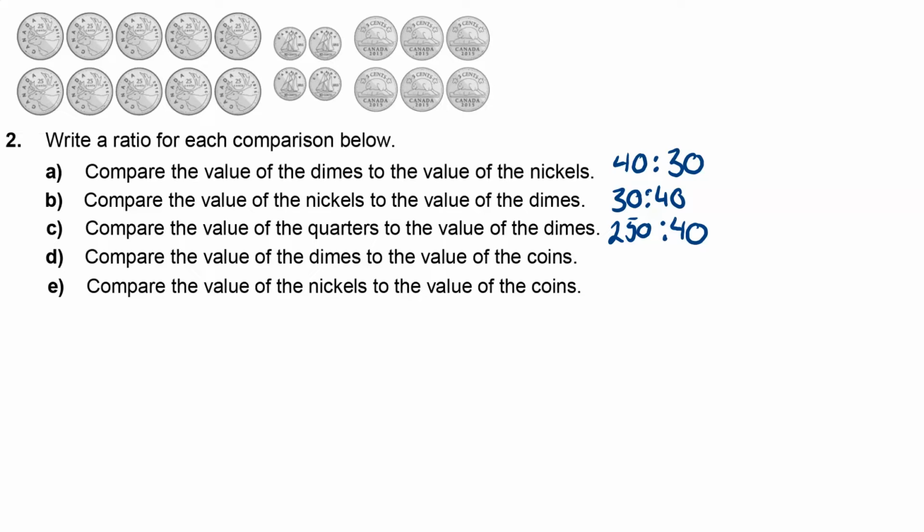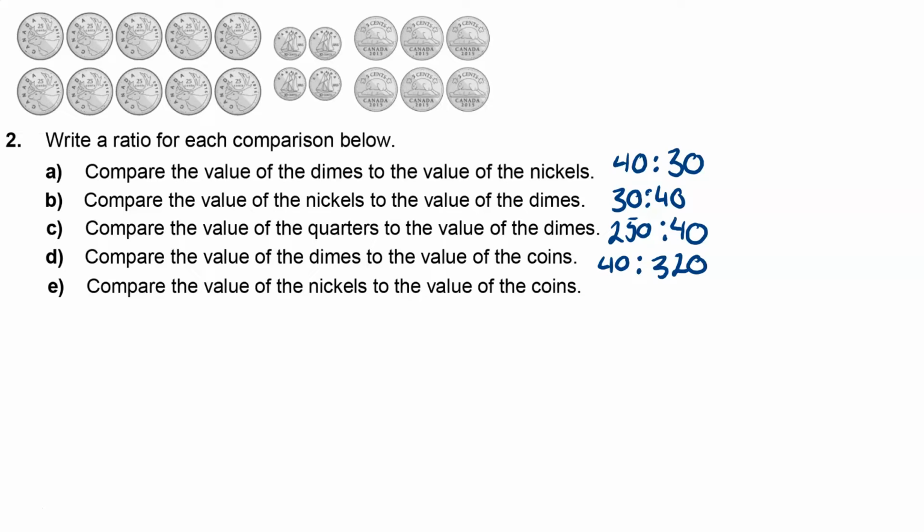The value of the dimes is 40. And all the coins together, we've got $2.50 plus 40 cents is $2.90, plus another 30 is 320 cents. So we've got a ratio of 40 to 320.